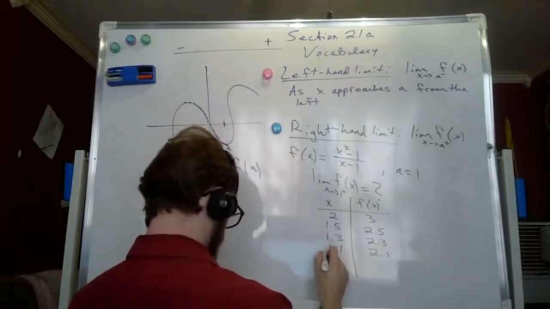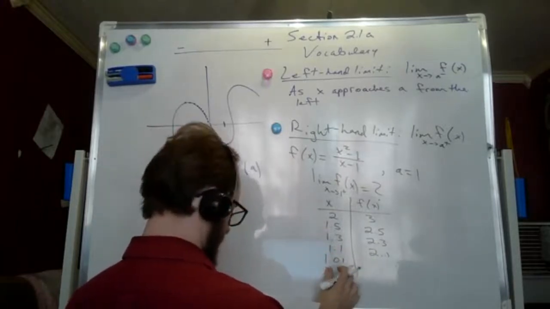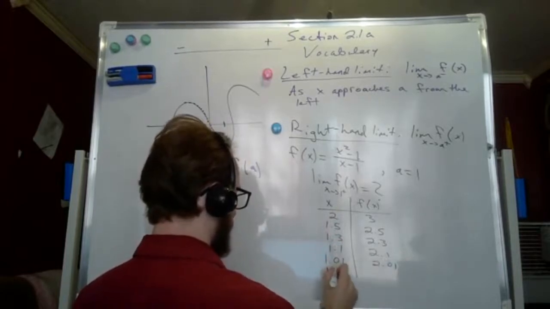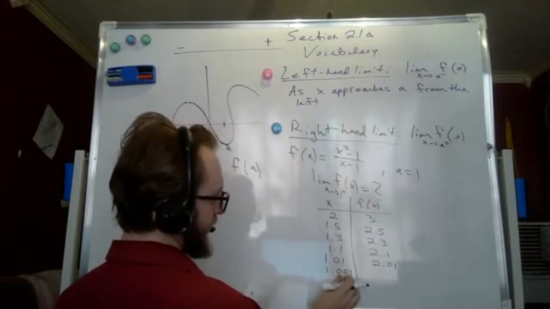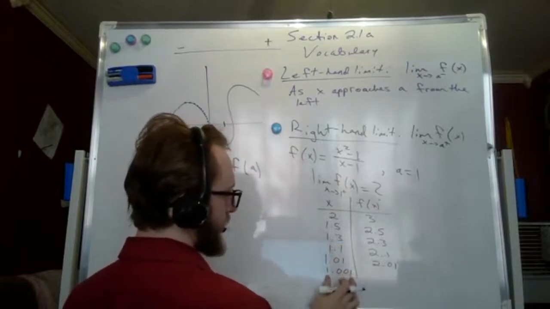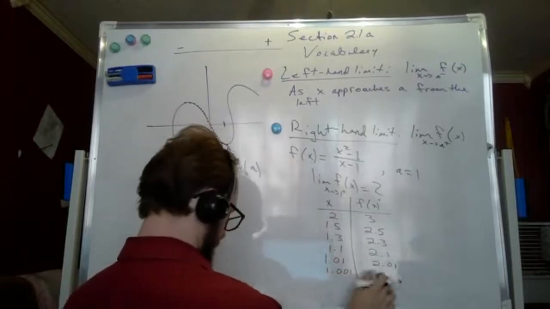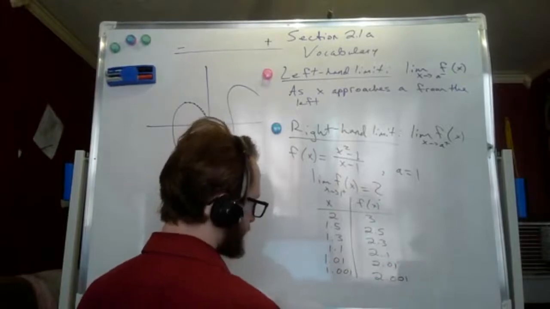We can pick 1.01, so I'm getting really, really close to 1 now, and I get 2.01. Or if I pick 1.001, and as long as I keep adding zeros, this number is going to get closer and closer to 1. I plug in this number and I get 2.001.